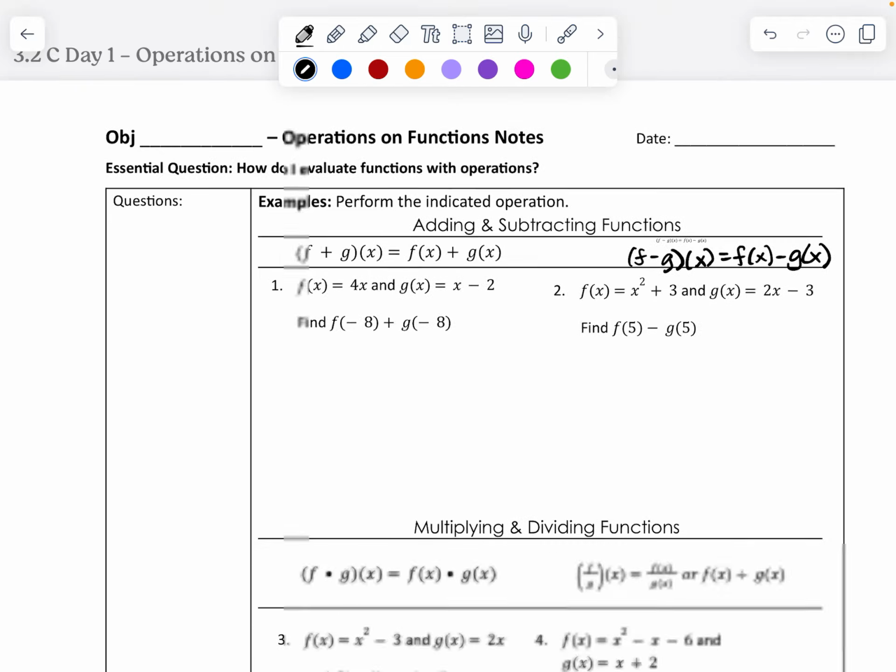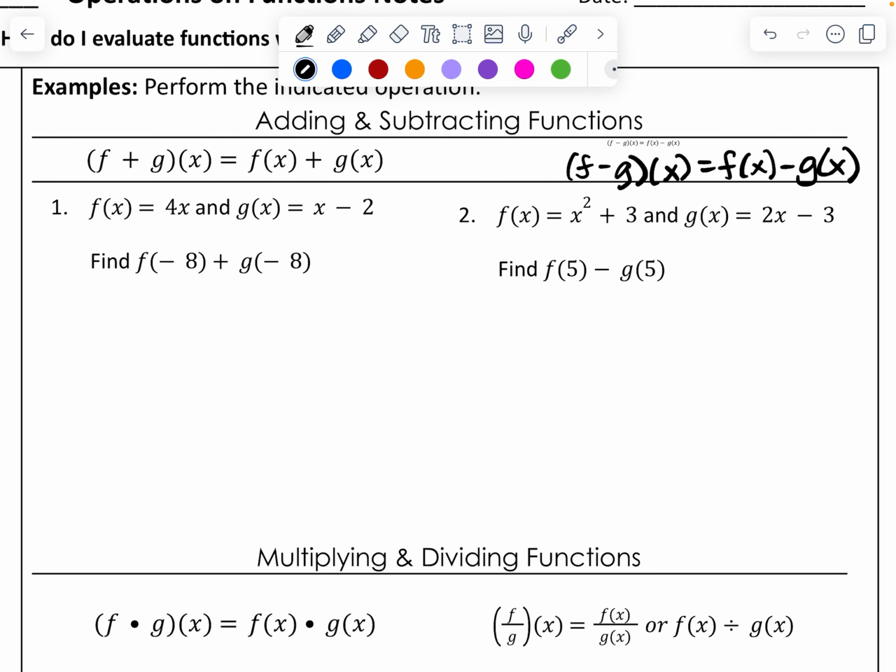There. Sometimes the formatting goes a little crazy. Okay, so we have two functions here. We have f of x equals 4x and g of x equals x minus 2. So it wants us to find f of negative 8 plus g of 8.